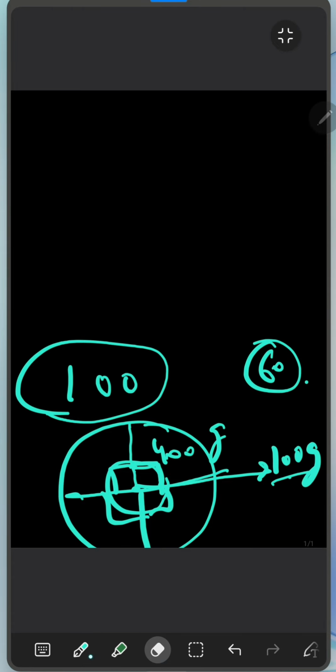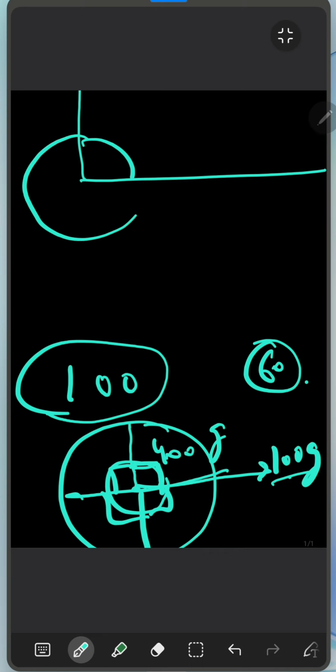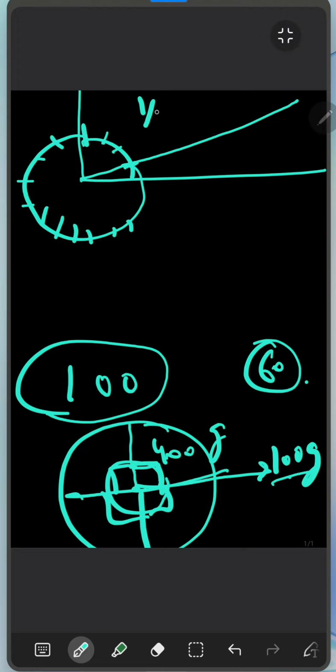Now when each part is 100 grad, and if we divide this 400 grad into 400 parts, okay, so one single part, the first part, which is 1 out of 400, that is known as 1 grad.